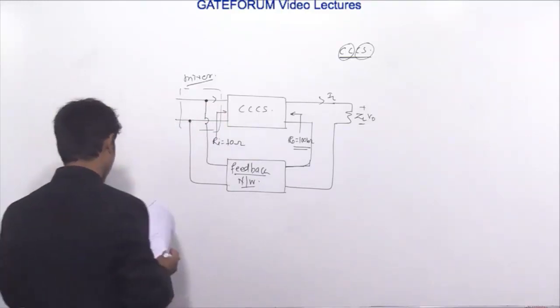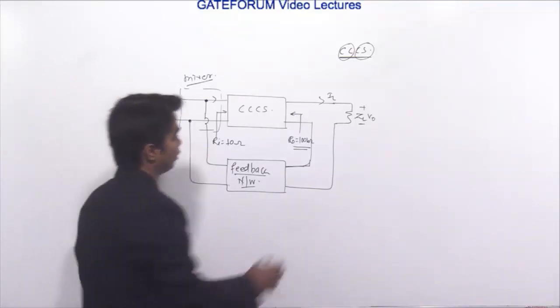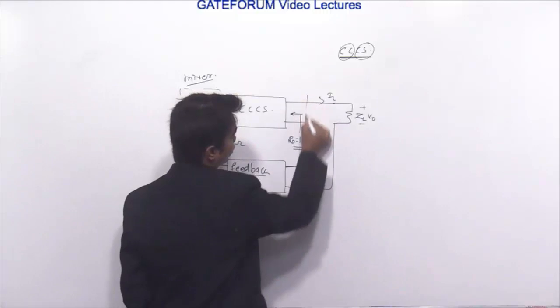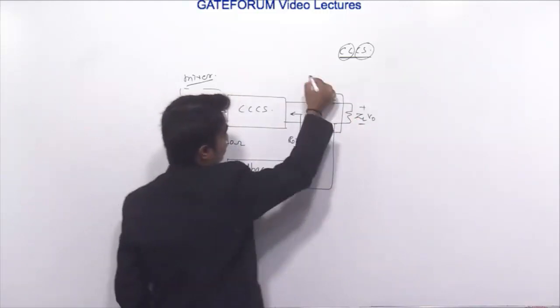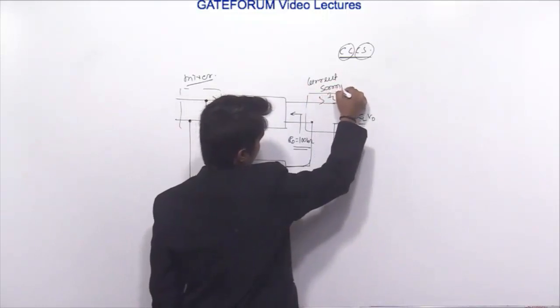And at the output there is a series connection, because this is sampling, and this is basically current sampling.